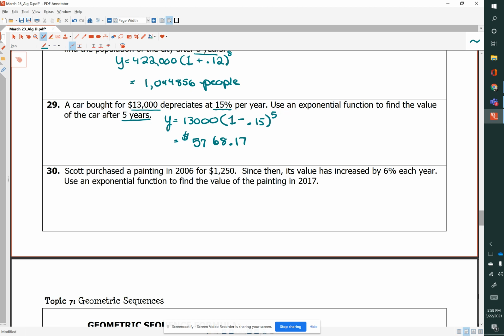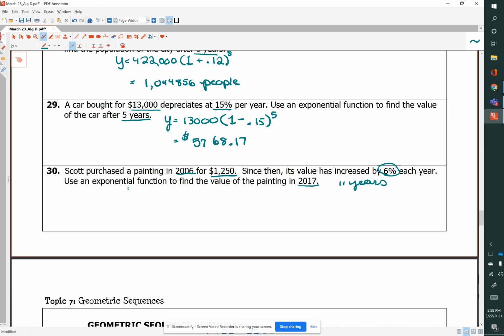And now, finally, Scott purchased a painting in 2006 for $1,250. Good for him, because its value increased by 6% each year, straight line appreciation. And we want to use an exponential function to find the value of the painting in 2017. From 2006 to 2017, that's 11 years.